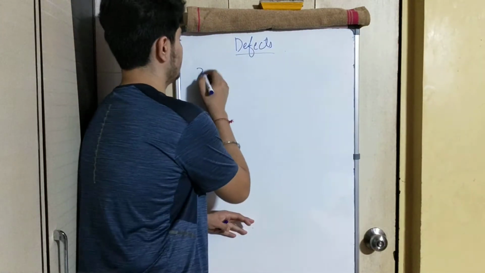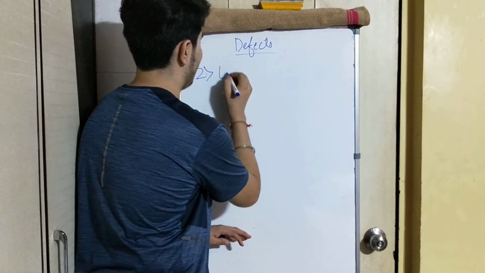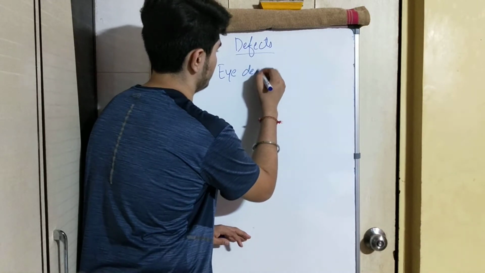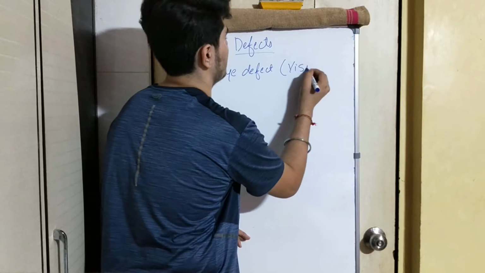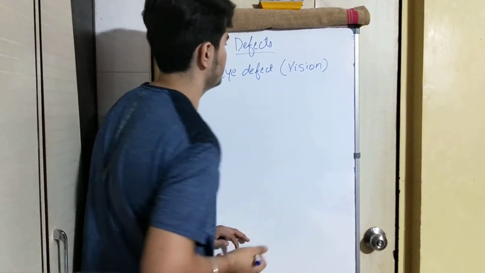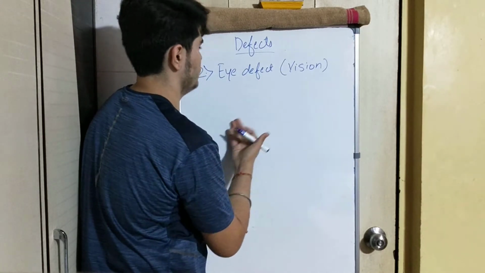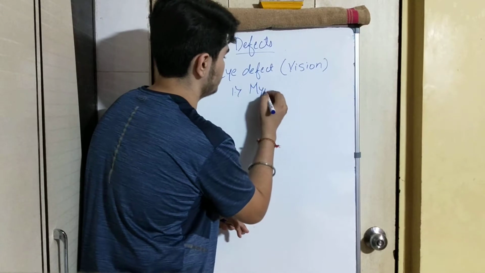Then we have the second type of defect, that is eye defects, or defects of vision, that is, defects related to sight. First we have myopia.